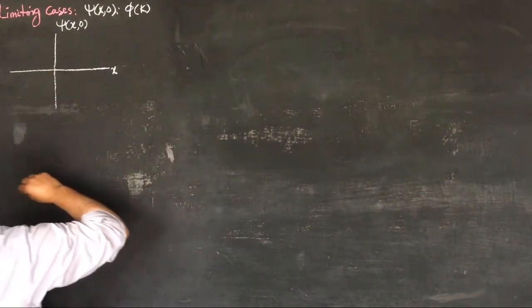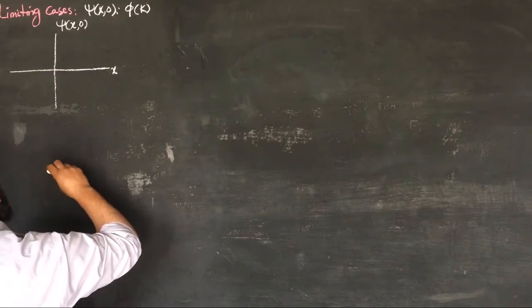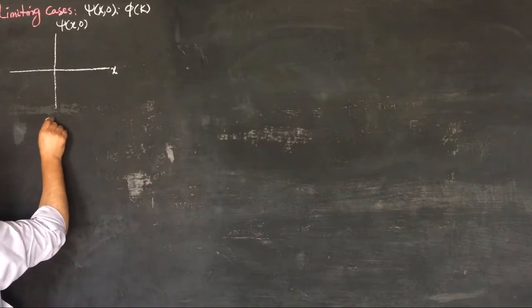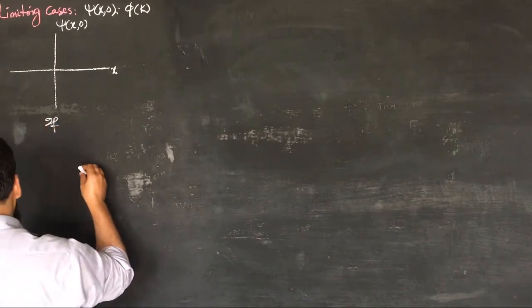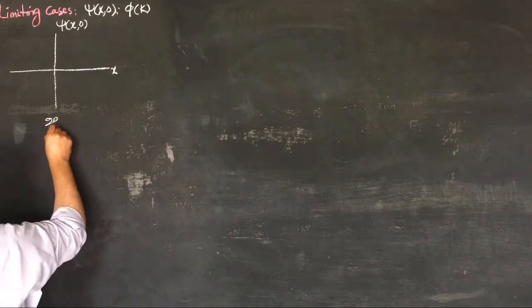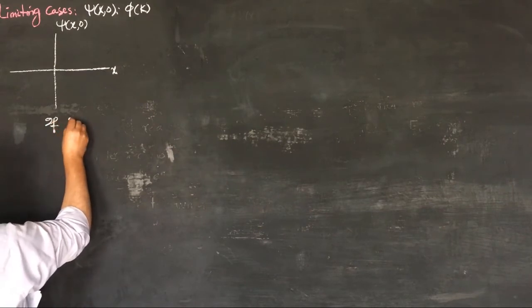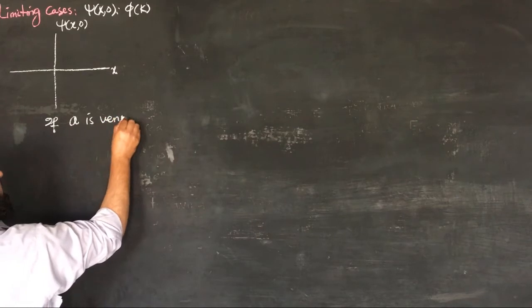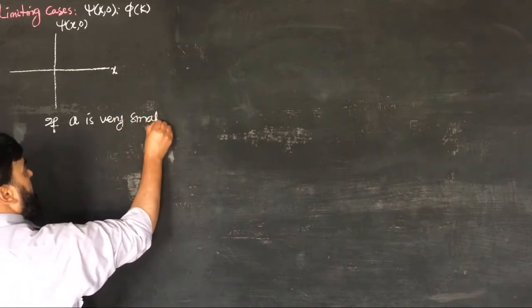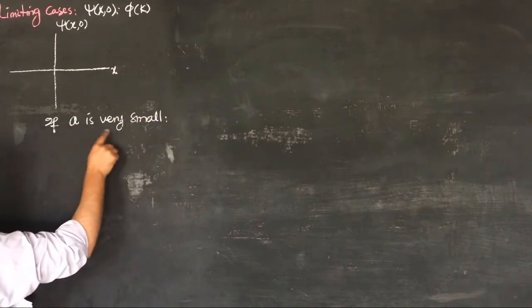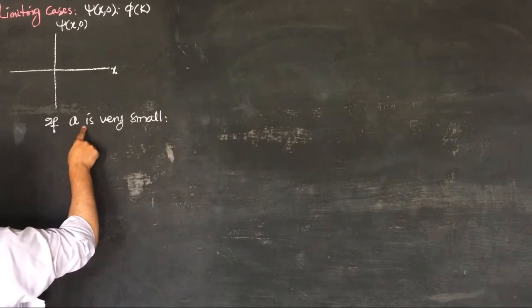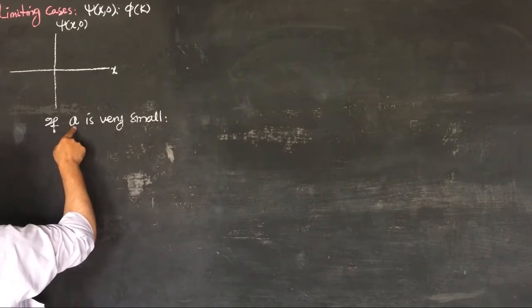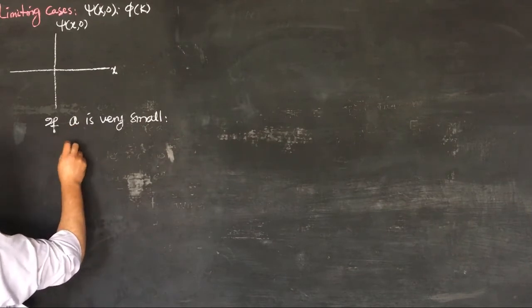So if I apply a condition, the limiting case is that if a is very small, then it means my wave function is restricted in a very small space.